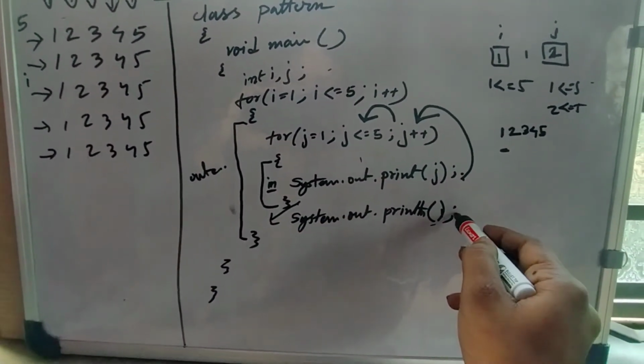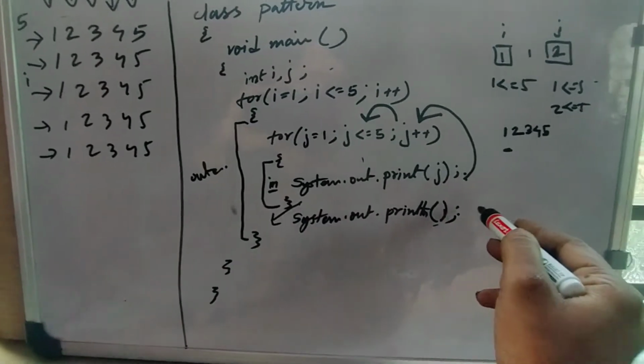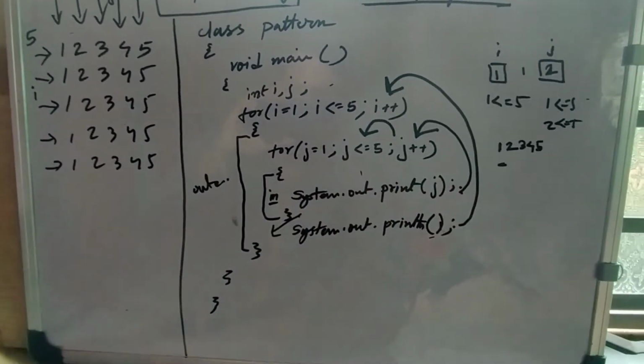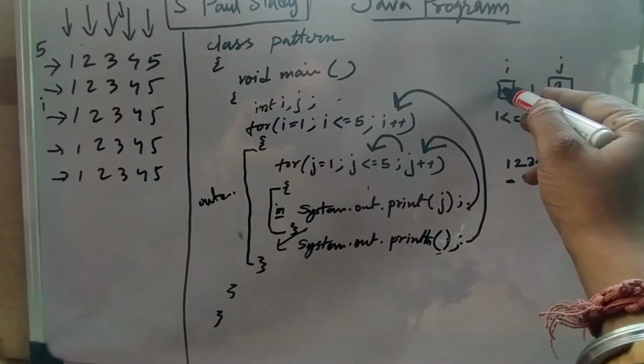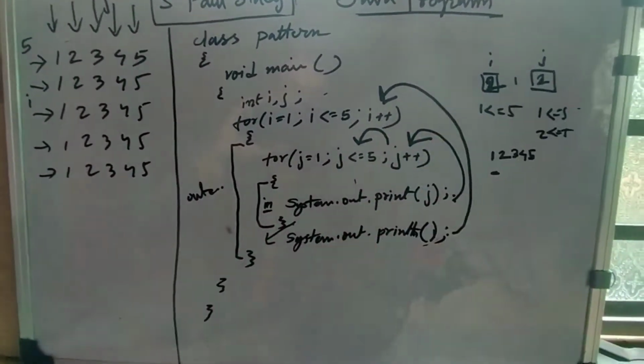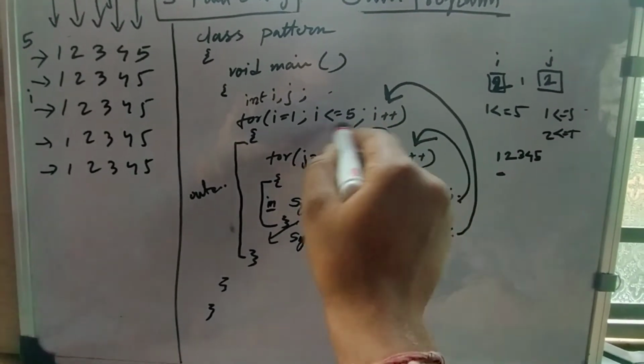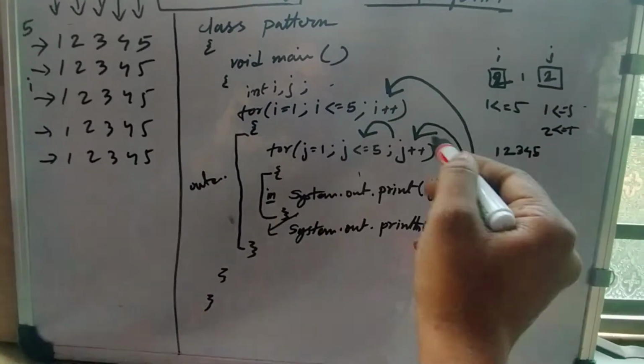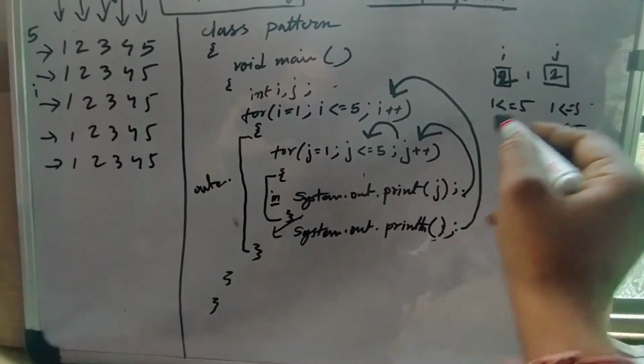So before the ending, again it goes to the incrementation part. I is increased by 1, that is I's value is 2. 2 checks with 5, comes down, sees a new fresh loop, the inner for loop.